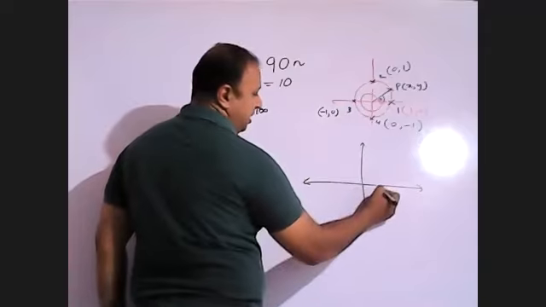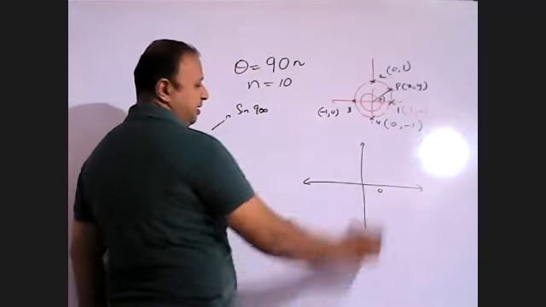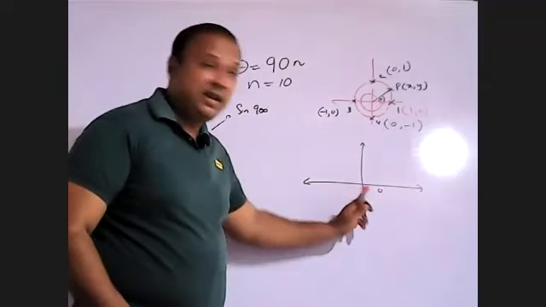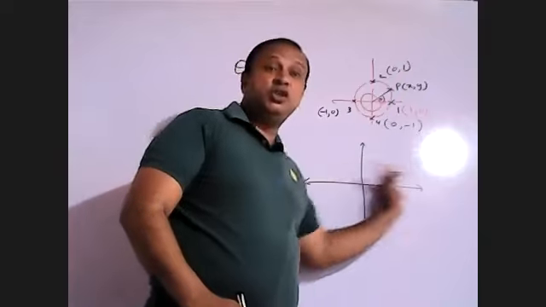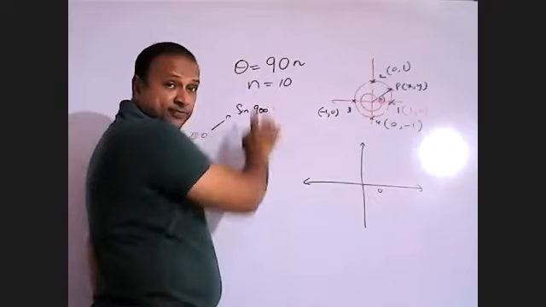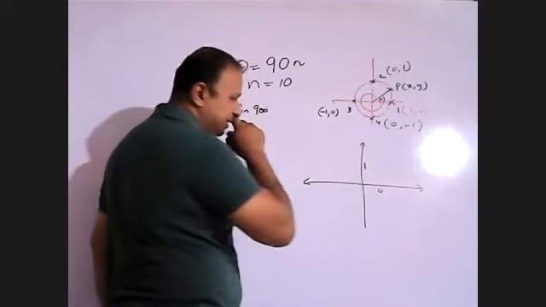If n is equal to 0, that angle is related to the positive side of the x-axis. If n is equal to 1, the angle is related to the positive side of the y-axis.